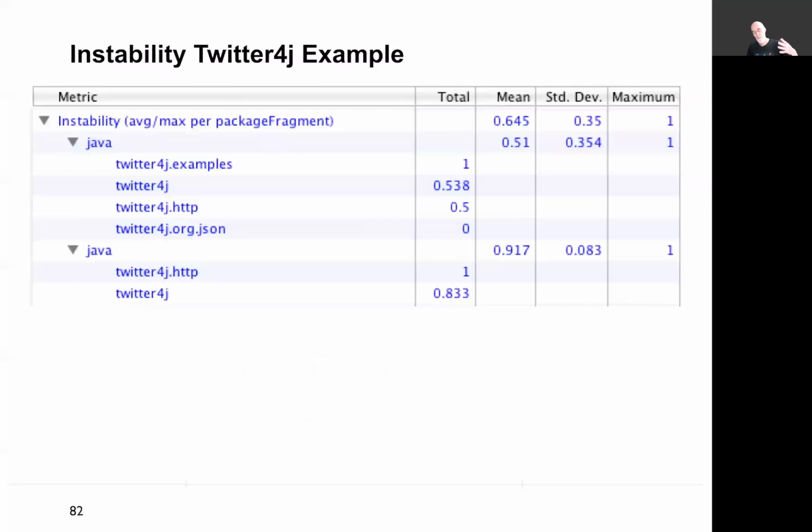Like I said last time, the way you want to use these metrics is just as a tool to help you find spots in your code that you should examine, to see whether or not you should be refactoring them.